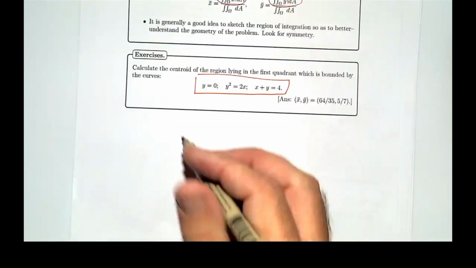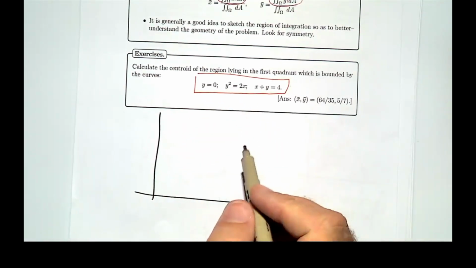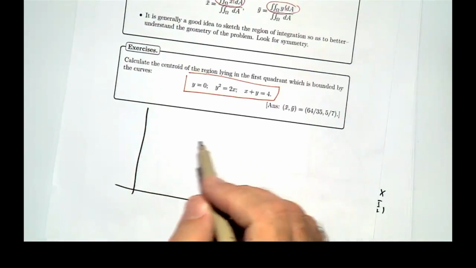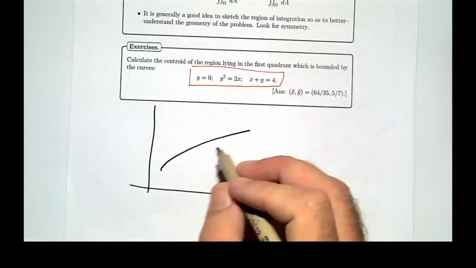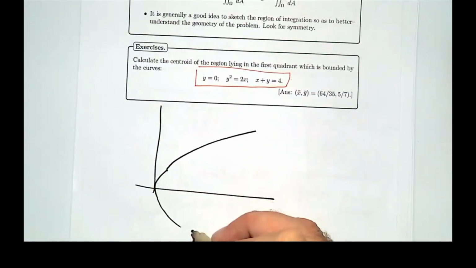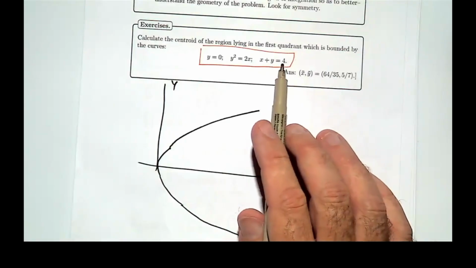Okay, so y squared equals 2x is going to look something like this. And y equals 4 minus x is going to look something like this.